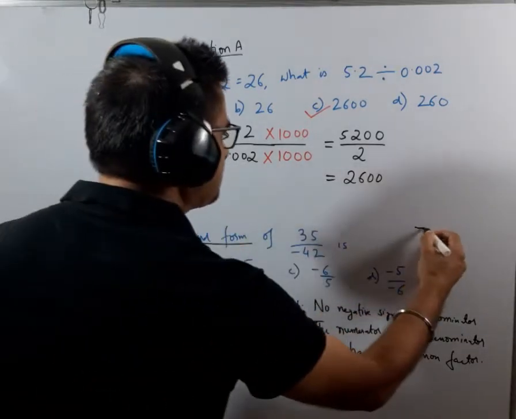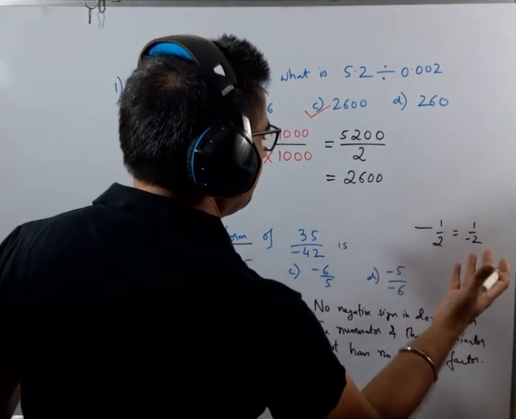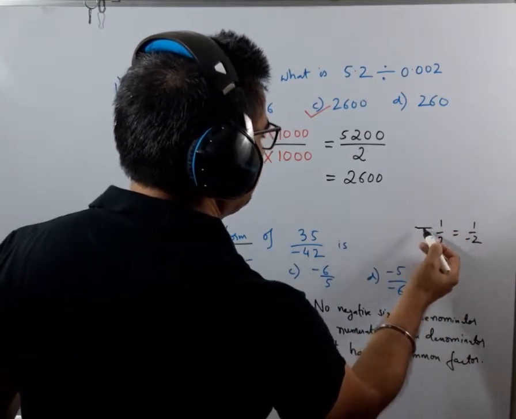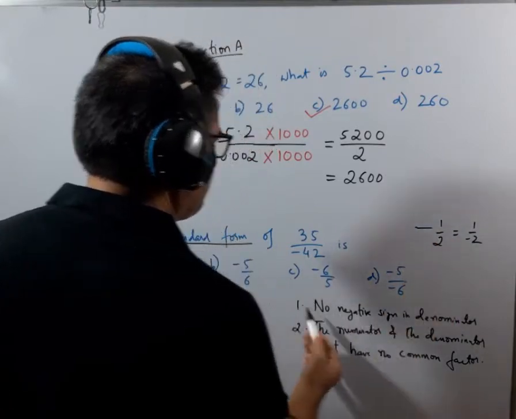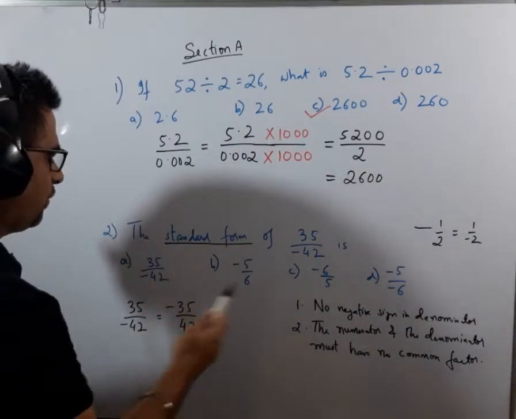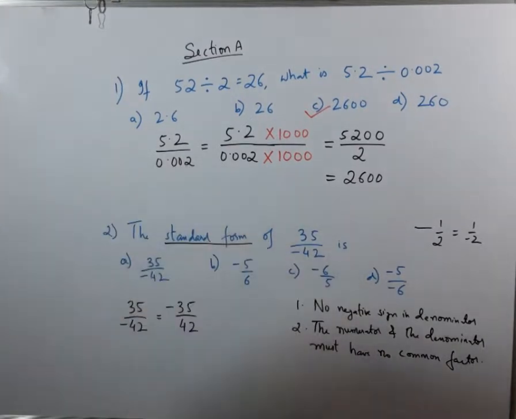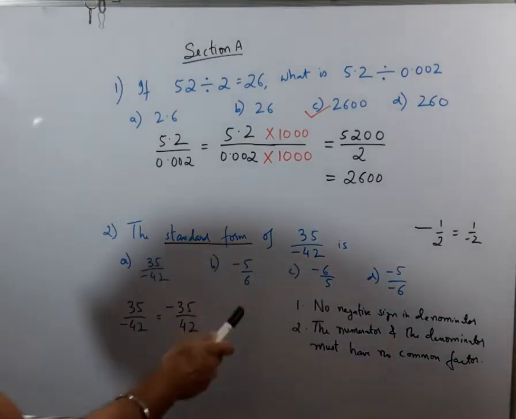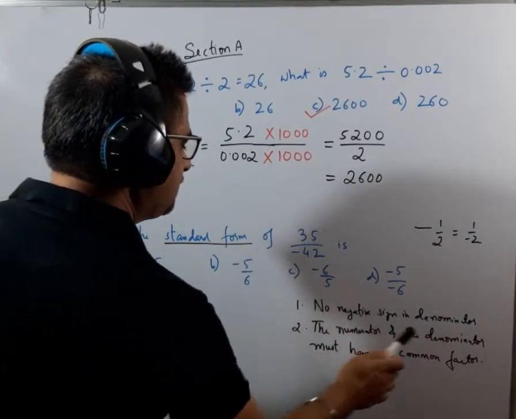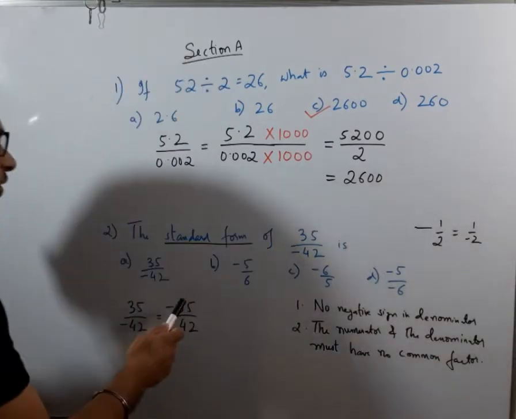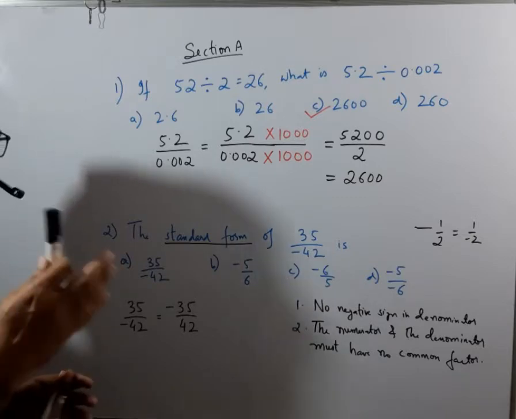Well, minus 1 by 2 or 1 by minus 2 is the same. You can write the negative sign at the top or at the bottom, in the numerator or in the denominator, but because we are writing this in standard form, we must not have the negative sign here, and that's the reason why we have moved it to the top. So we have complied with the first point. Now the second point: the numerator and the denominator must have no common factor. Is there any common factor between 35 and 42? Well, you'll have to try and see.